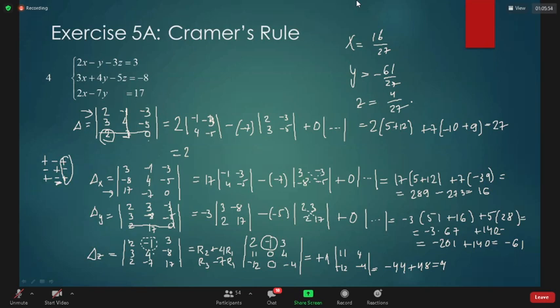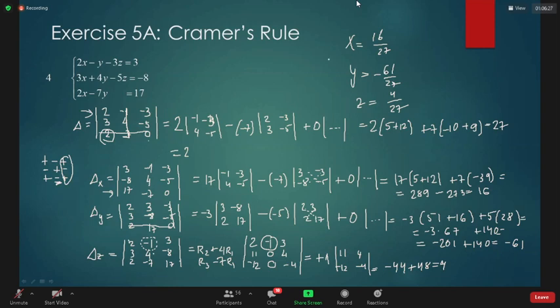So you see, if we try to solve this system in a different way, for example, take y from the first equation, express it through x and z, and then put it into the second and the third equation. Then you have two equations in two unknowns only, x and z, and then you solve that mini system, and then you go back and find y.